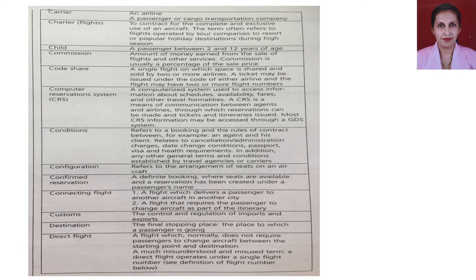Simple as that. Like I said, Mangalore to Dubai, these are direct flights, and they have only one flight number. When there is only one flight number, that means it is a direct flight. If there are two flight numbers, it means it is not a direct flight. So I hope these terms are clear.